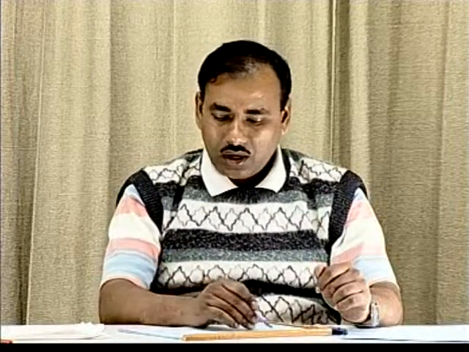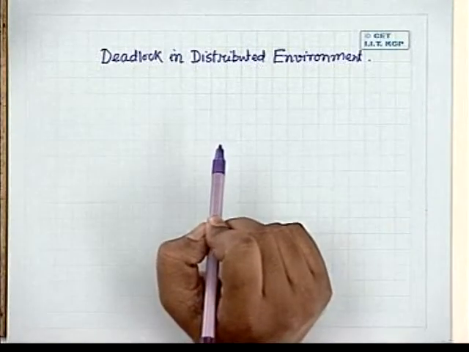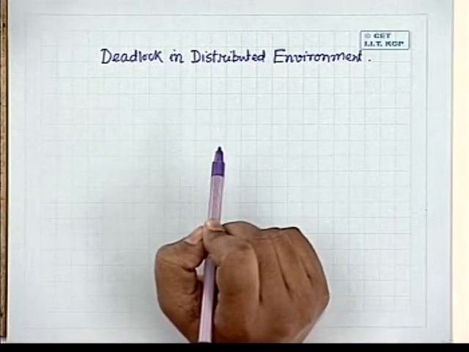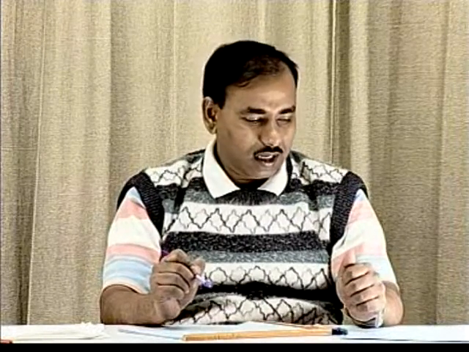Okay. So you find that in case of deadlock avoidance, though it is the ideal solution, every process has to declare in advance what its maximum requirement is, and that is information which is very difficult to get. Because in most cases, it is not possible to tell in advance what the maximum requirement is.